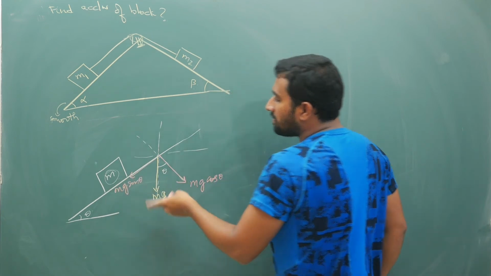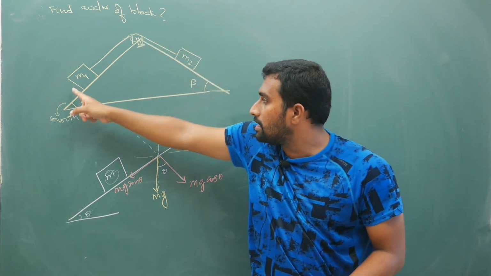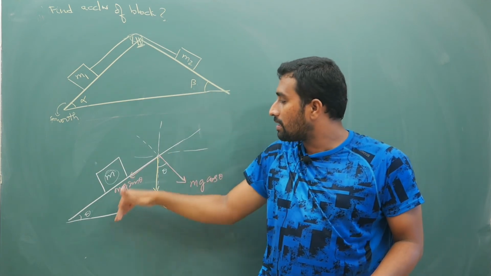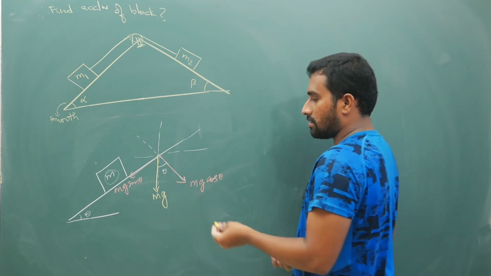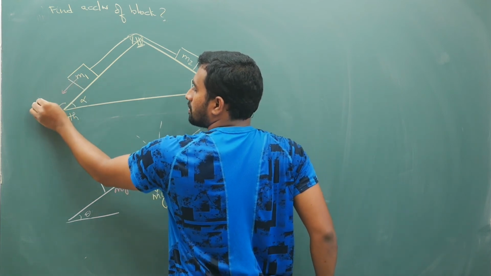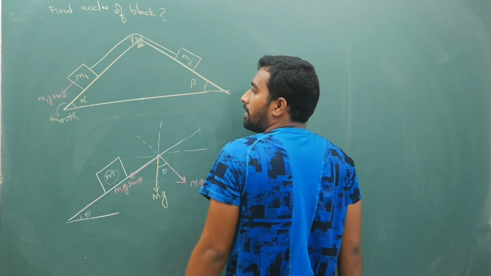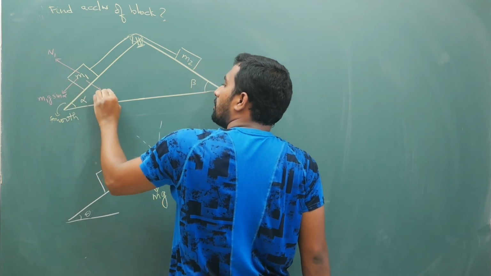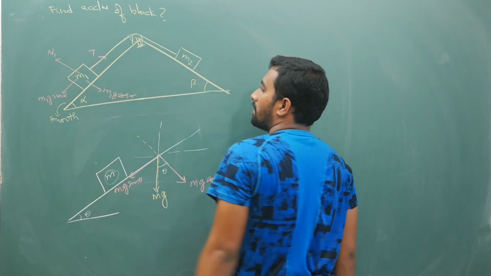Now why are we resolving mg into two different parts like this? Because the body is moving parallel to the inclined plane, we have to consider the forces parallel to the inclined plane and perpendicular to the inclined plane. So according to that logic, in this case, what will act here is m1g sin alpha, normal reaction n1 will be this way, m1g cos alpha will be this way, and your tension T will be this way.